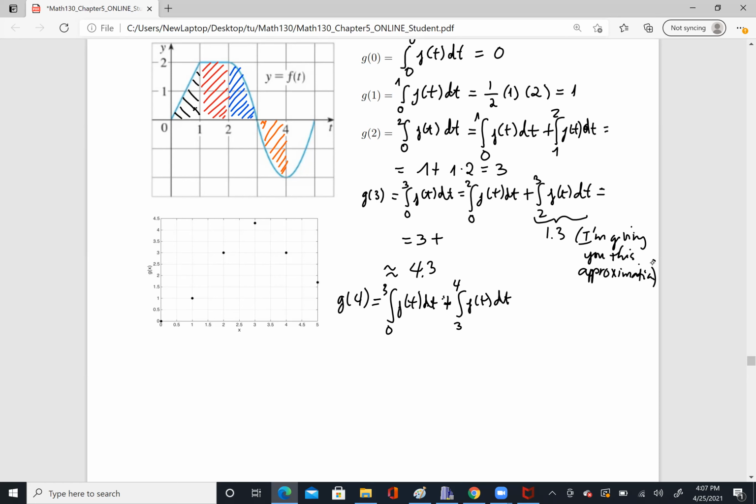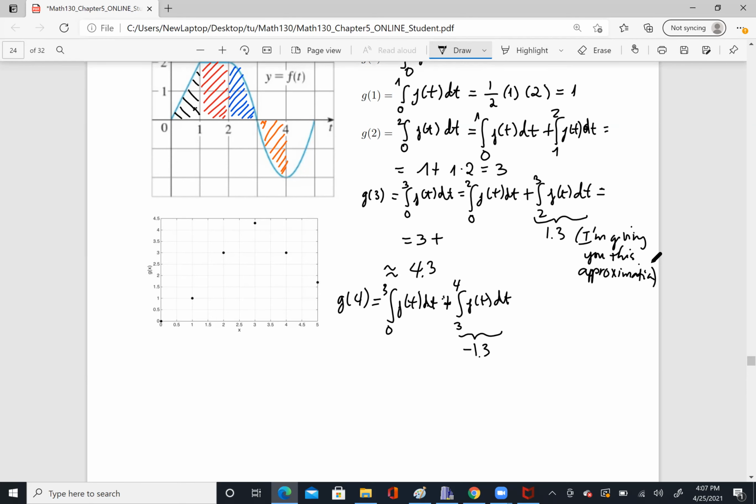So you can see, the area from 3 to 4 is under the axis, so it's going to be negative with a negative sign. Okay, so I'm going to say negative 1.3.